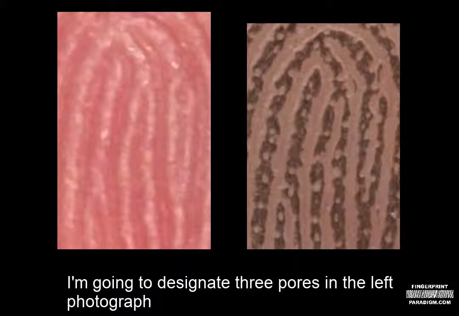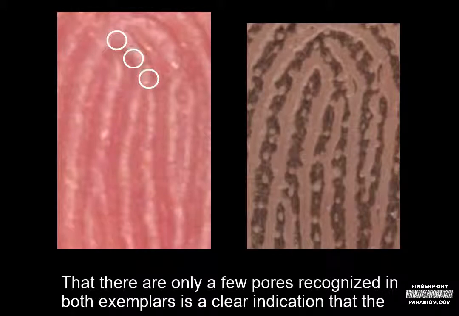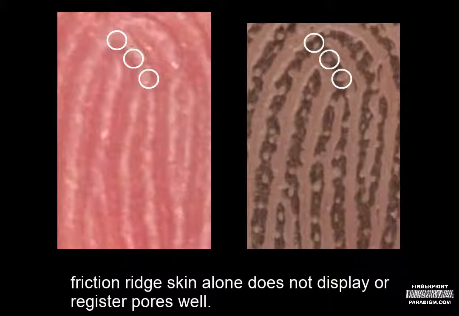I'm going to designate 3 pores in the left photograph and also designate them in the right exemplar. That there are only a few pores recognized in both exemplars is a clear indication that the friction ridge skin alone does not display or register pores well.